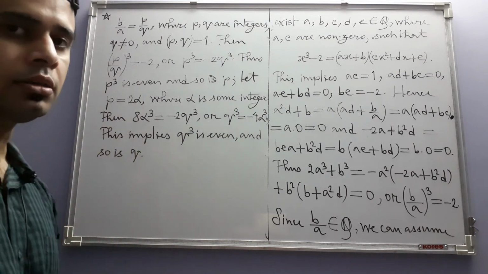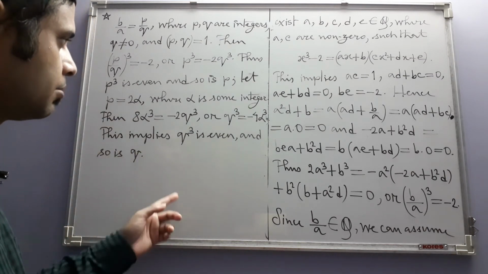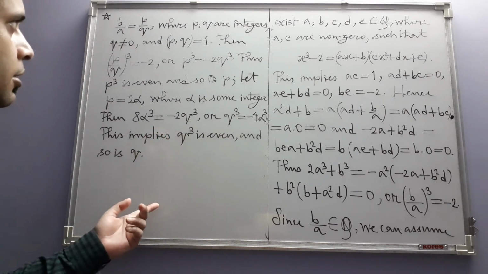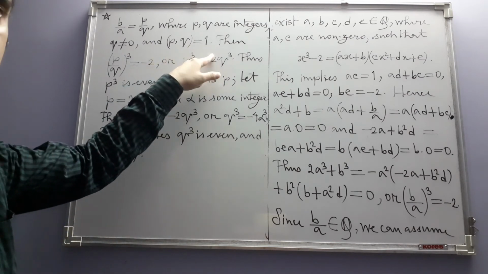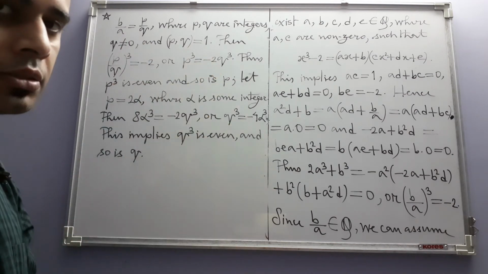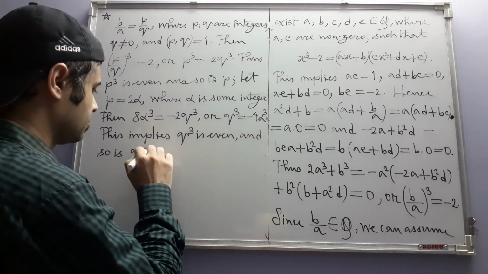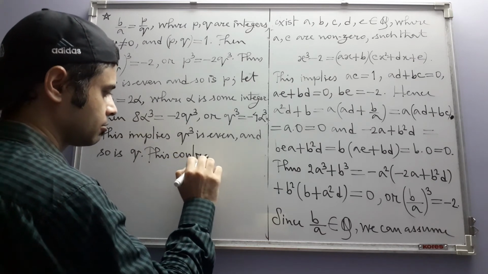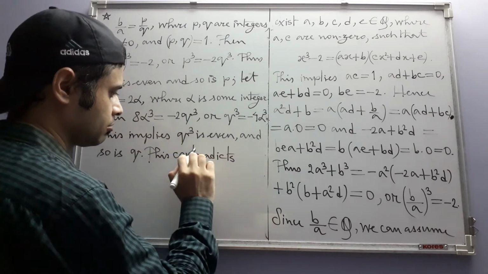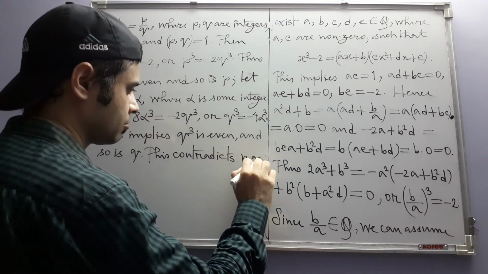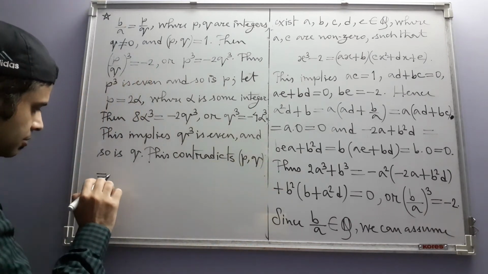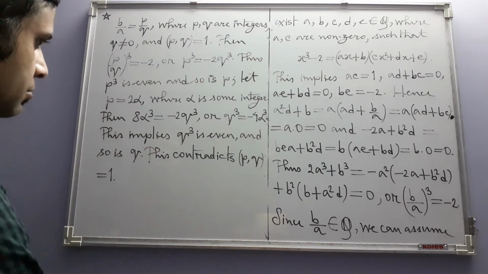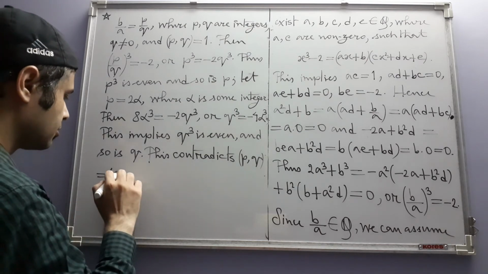So p and q are both even, that means both are divisible by 2, but then 2 is a common divisor of p and q. So how can the greatest common divisor be 1 when we have a greater common divisor? This contradicts the hypothesis that this is equal to 1. So that's why our supposition is wrong.